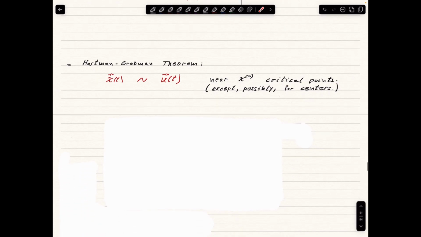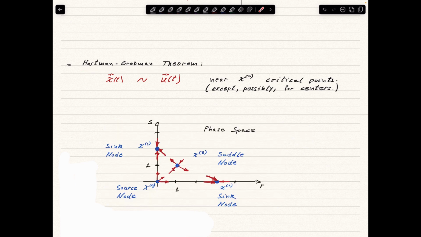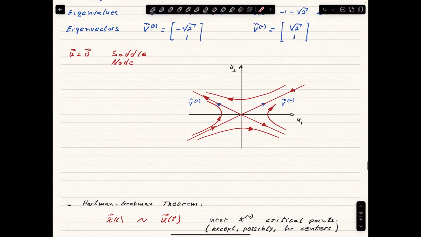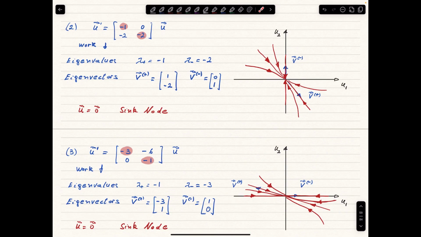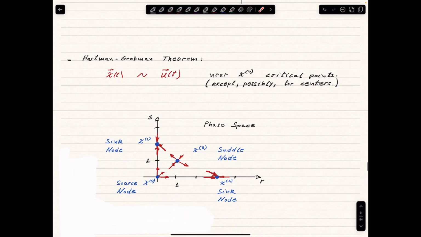Well, if we go to the phase space of the nonlinear system, so now we have sheep and rabbits. Before we had U1 and U2 in all these pictures, because we were studying linearization, so linear systems. Now we are back to the nonlinear system, and we have recalled the 4 critical points.